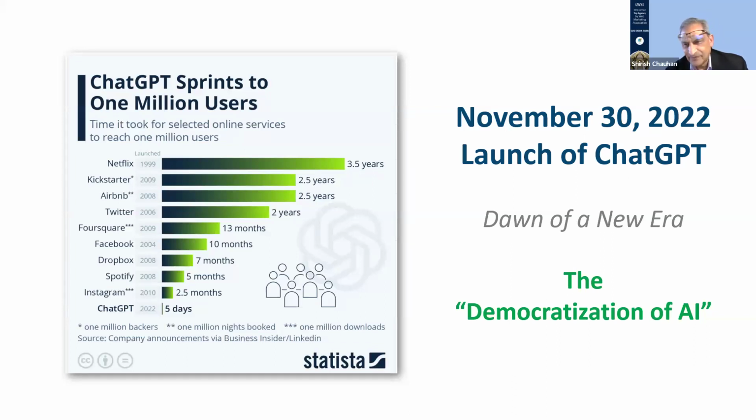ChatGPT took 5 days. That's when it was released, I think in October or November, about 1.5 years ago. It just puts things into perspective.